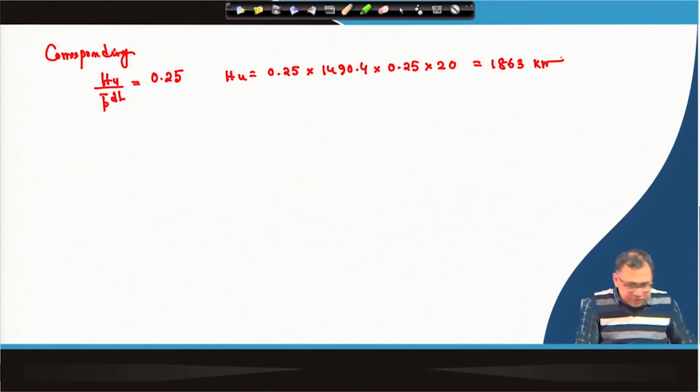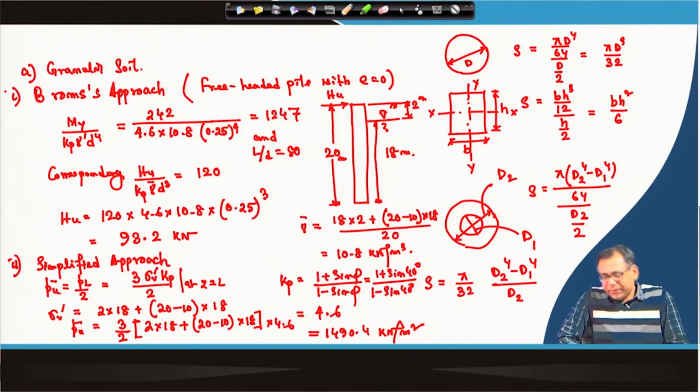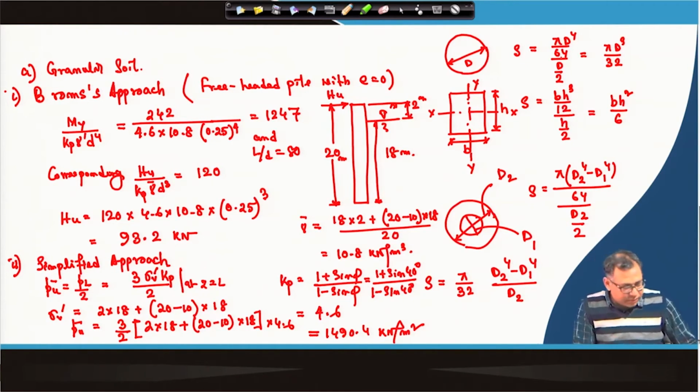So Broms' approach gives a value of 93.2 kilonewton, but the simplified approach gives a much higher value. That is why I would recommend using Broms' approach, because it gives the lower value, which is on the safer side.